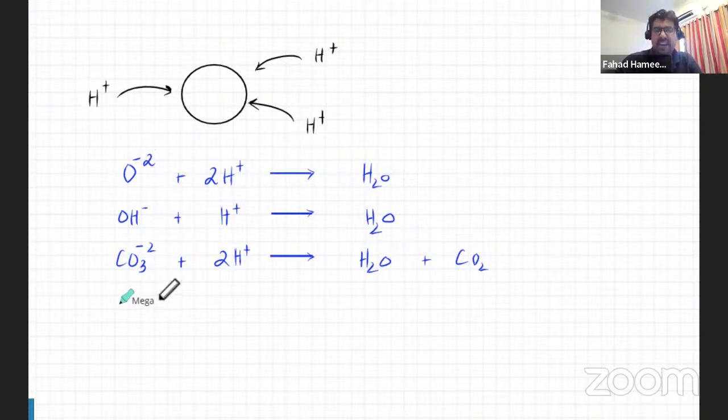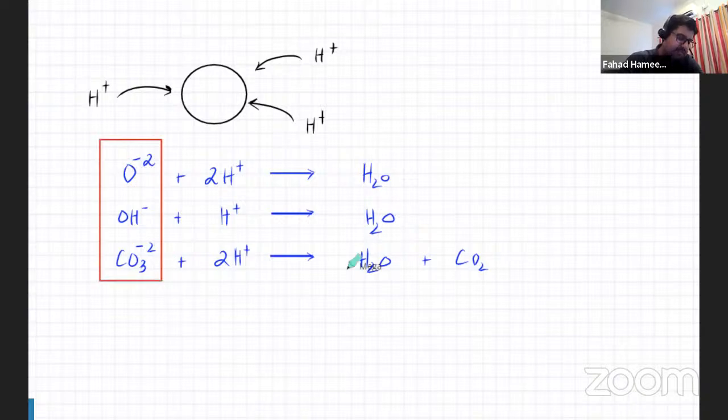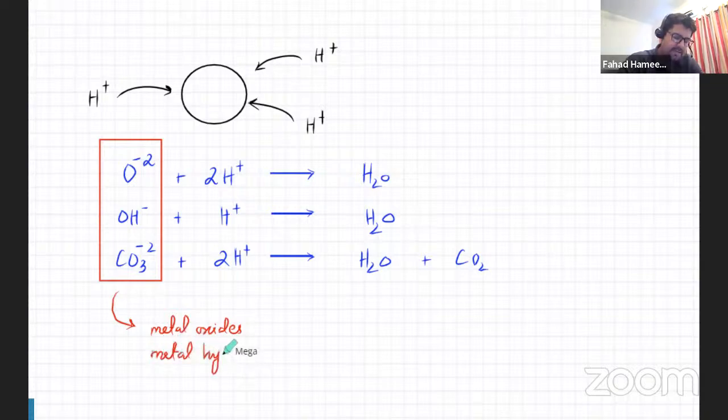There's actually another base, but first, these ions will not exist alone. A negative ion usually does not exist on its own, so the oxide must be part of a compound. These are usually metal oxides, metal hydroxides, and metal carbonates.